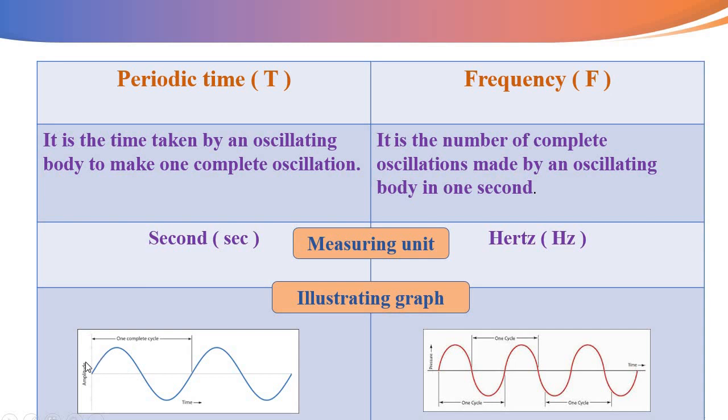Here, the time taken by an oscillating body to make 1 complete oscillation from this point to this point is called periodic time, while the number of complete oscillations made by the oscillating body in 1 second is called frequency.